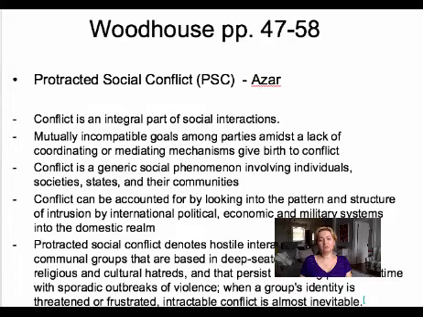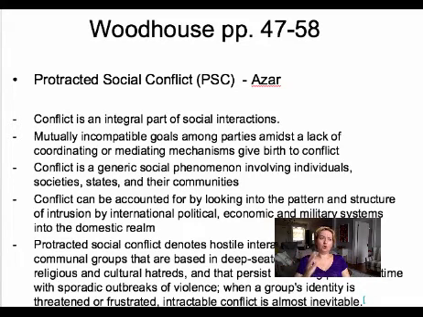And protracted social conflict denotes hostile interactions between communities, between some communal groups that are based on some identity, deep-seated racial, ethnic, religious, and cultural identities. And this persists over a long period of time with sporadic outbreaks of violence.